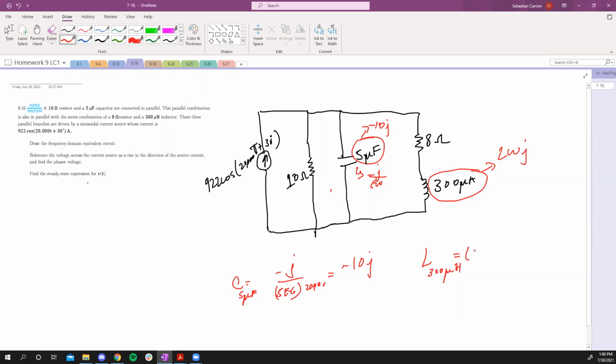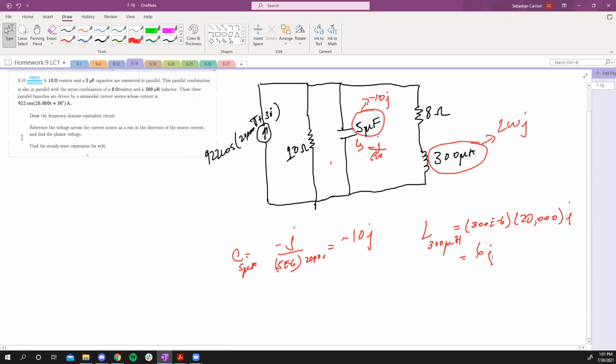We multiply 300e-6 times 20,000 j, and that results in 6j.